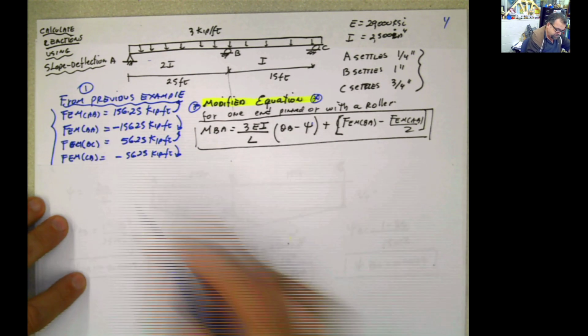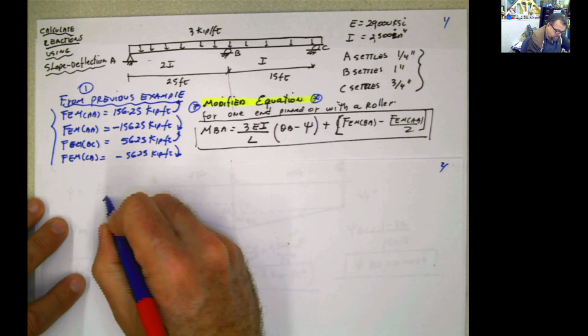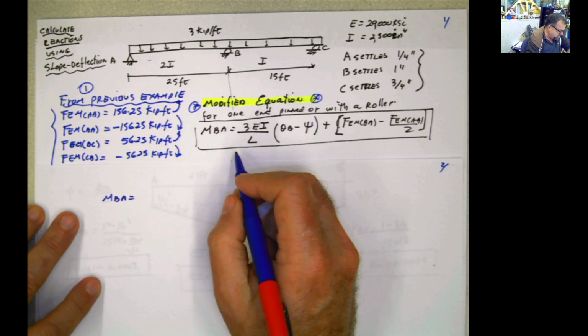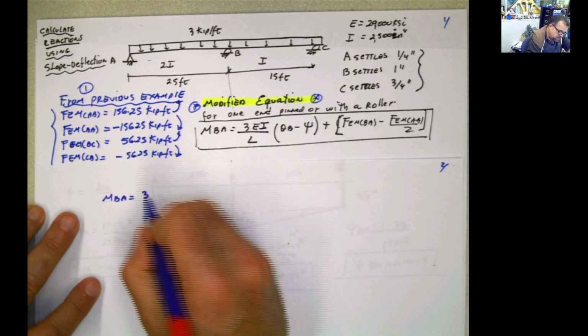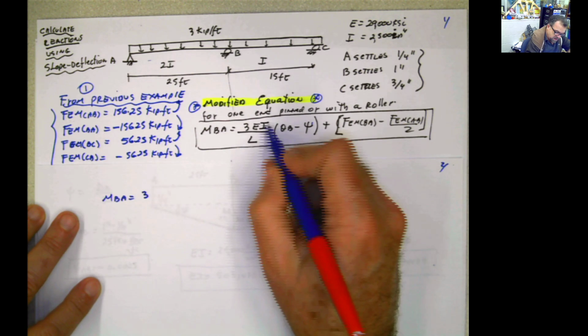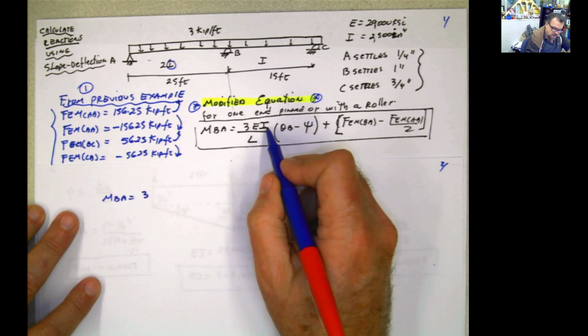Moment BA is going to be equal to 3 times EI, but this I is 2 I's. Not only I, it's 2 I's.